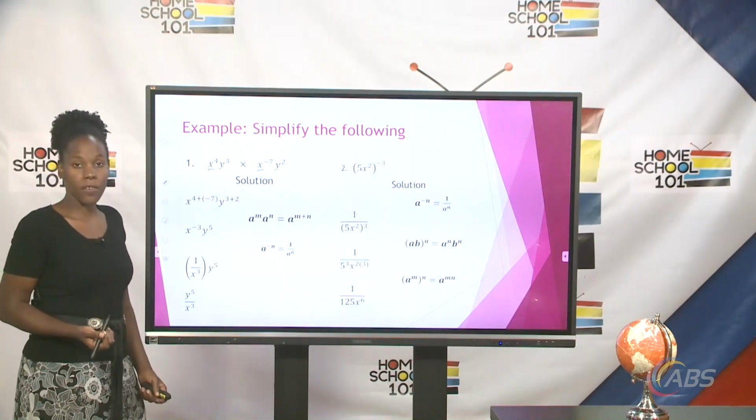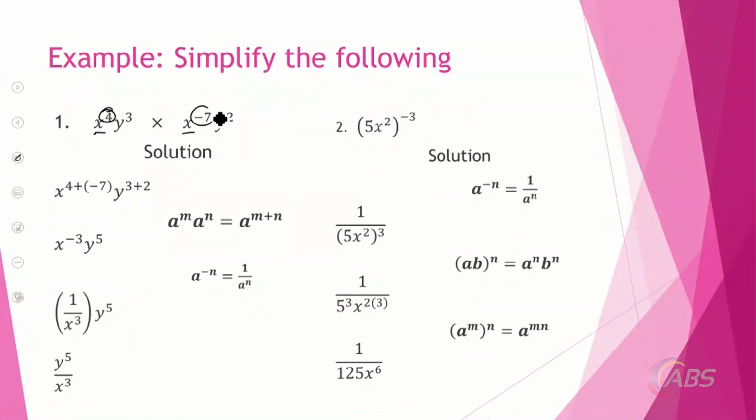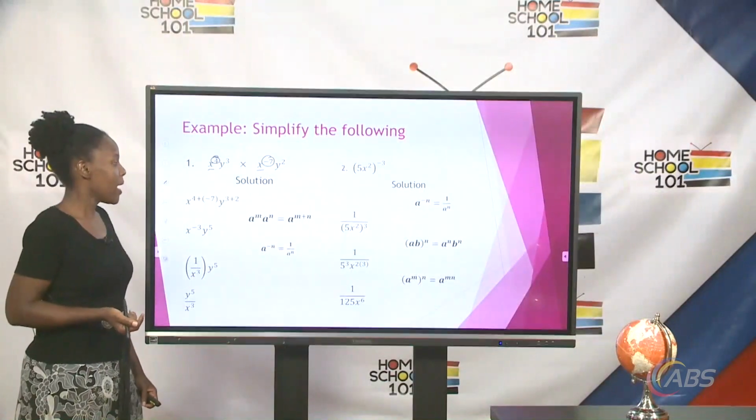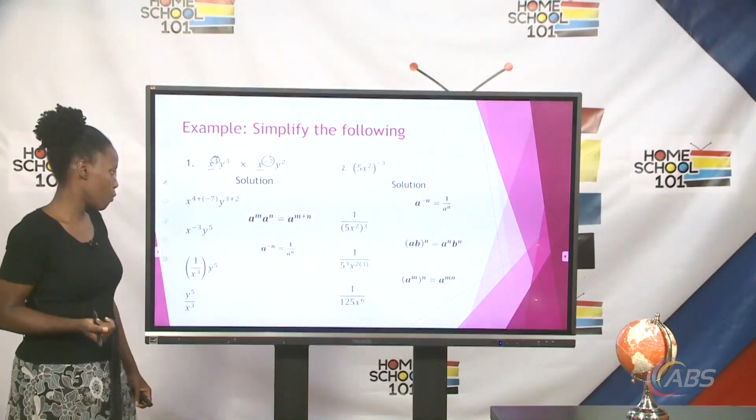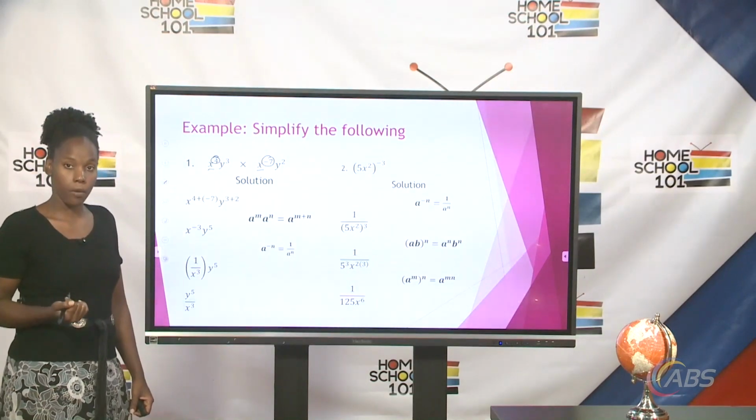So if we're looking for the variable x, the powers are 4 and negative 7. So for the x variable, I simply add these powers. So it becomes 4 plus negative 7, and for the y, it is simply 3 plus 2. Now again, looking at the x, it's 4 plus negative 7.